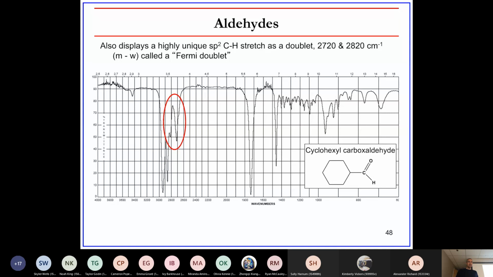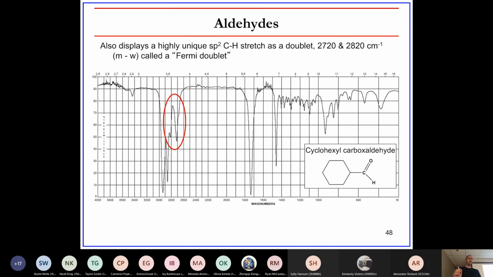The other thing that aldehydes have that is unique is a special kind of hydrogen. It's a hydrogen attached to an sp2 carbon, but not just an ordinary sp2 hybridized carbon. It's a carbonyl carbon.